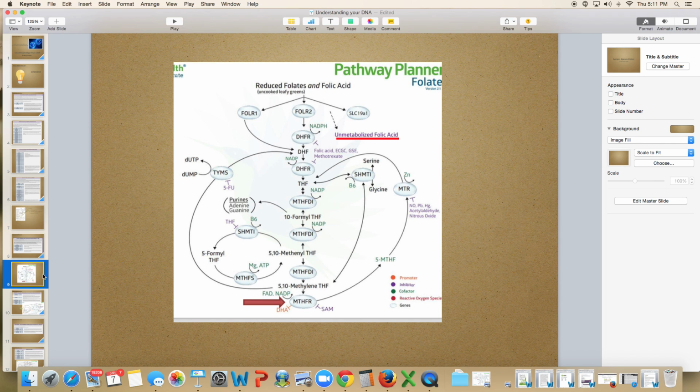All right? So this is your folate pathway. You eat good cooked leafy greens. It goes through these genes all the way down here. The MTHFR gene is the one we were just talking about. Its main purpose is to make 5-methyl tetrahydrofolate. Feeds into the MTR gene, then feeds this way.